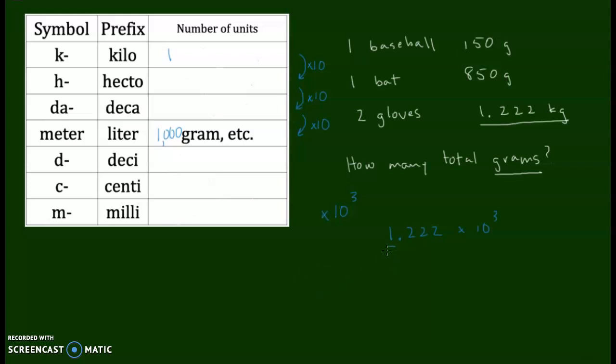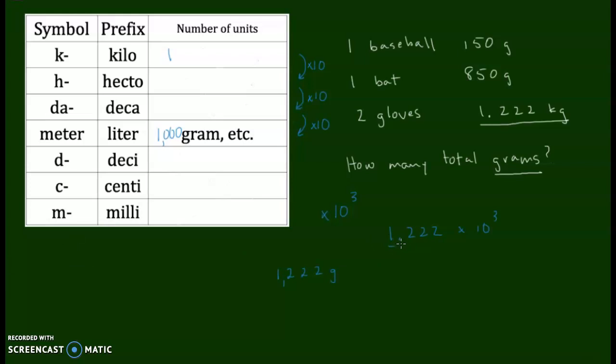So what's the closest, using these digits, that I can get to 1,000? Well, 1,000 has 4 digits. This one has 4 digits, so it would be 1,222 grams.